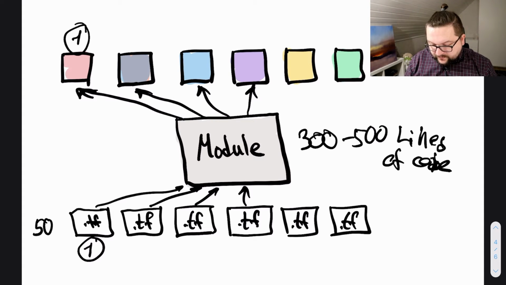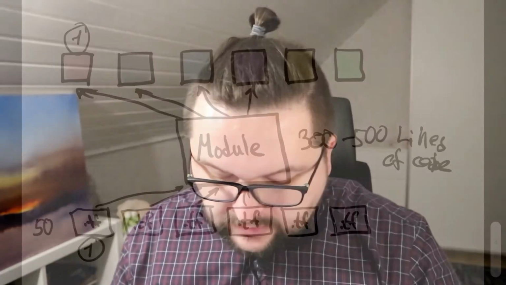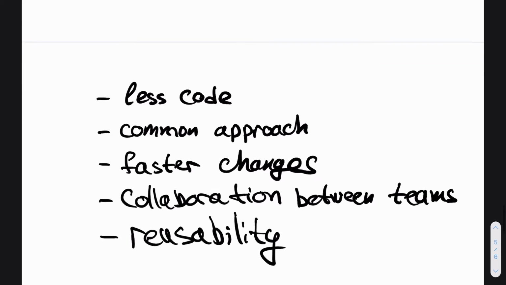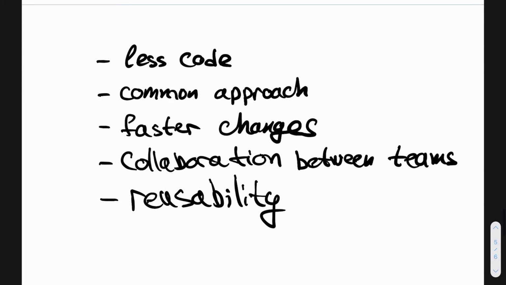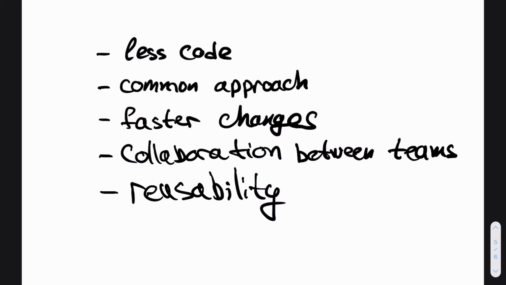So this means at the end of the day, we would need less code to describe our infrastructure if we have a lot of things which are similar, and we need 100 buckets or we need 10 virtual machines, and this would save us a lot of code.